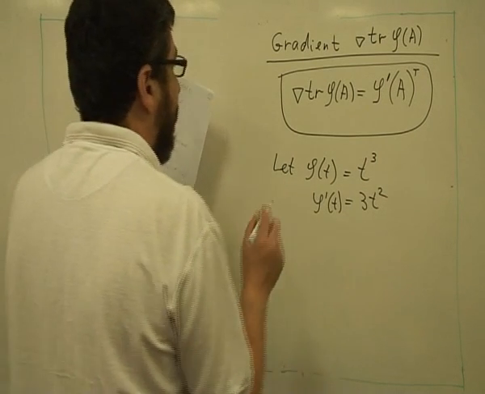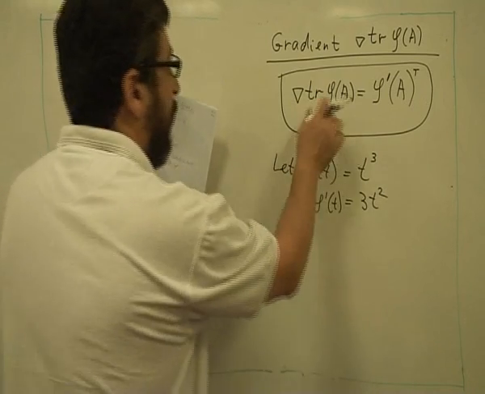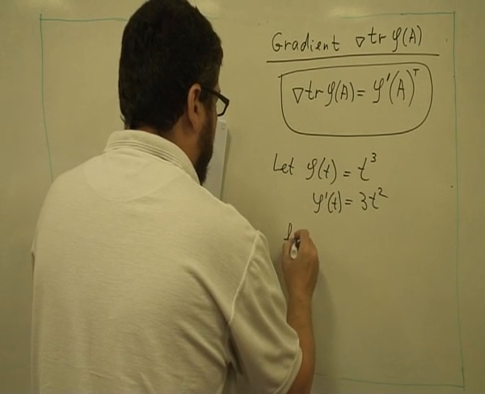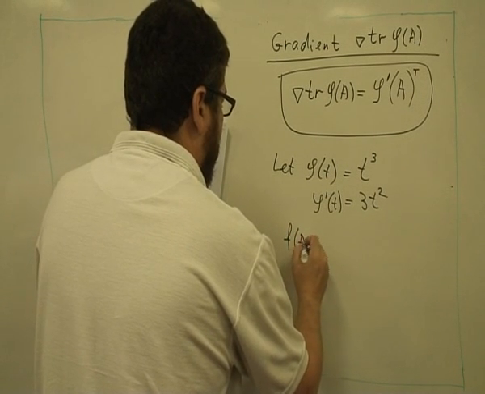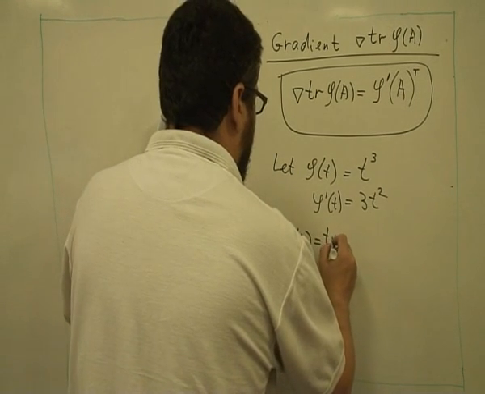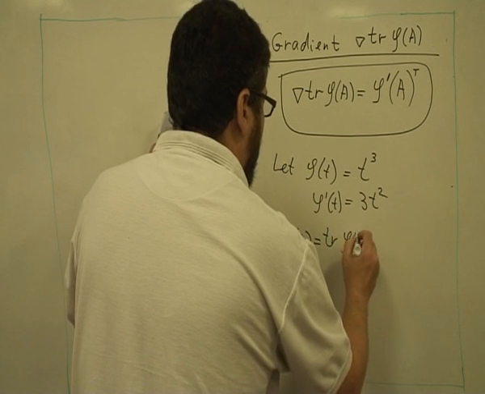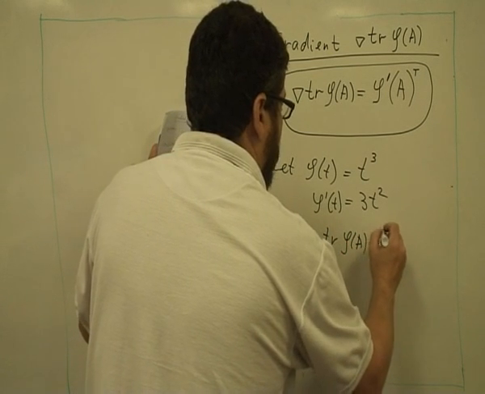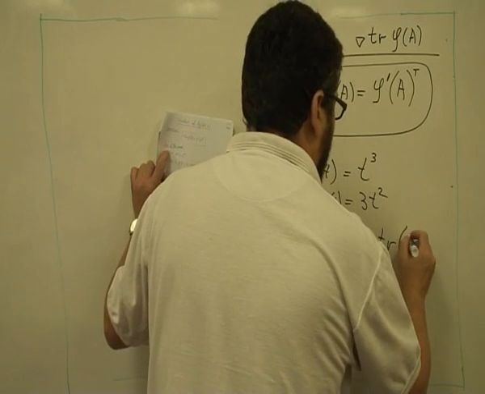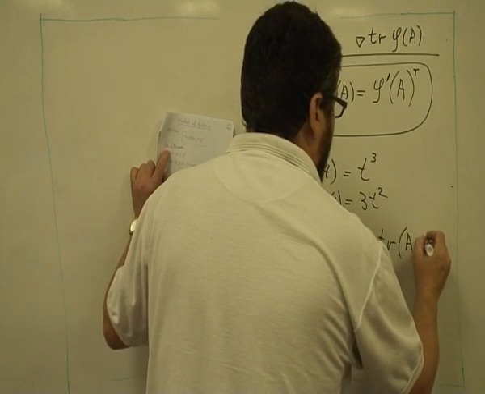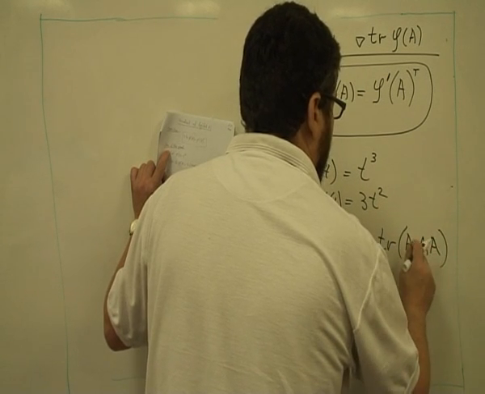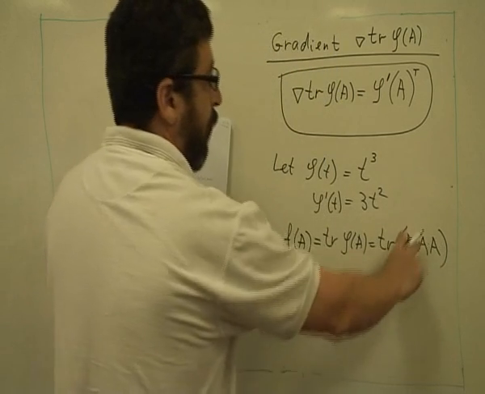Okay, and denote this trace of phi of A like f of A. So f of A is trace of A cubed, trace of A by A by A. This is usual matrix multiplication.